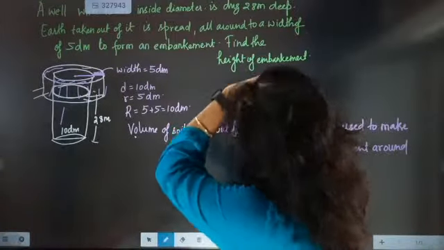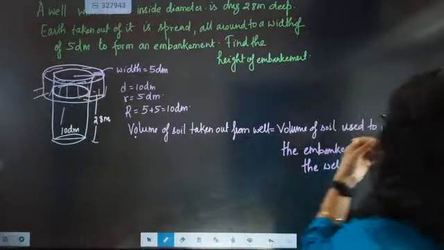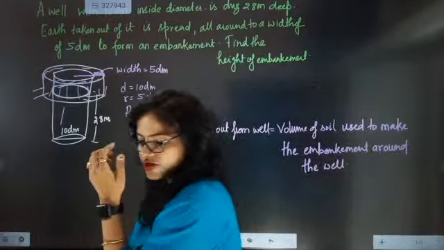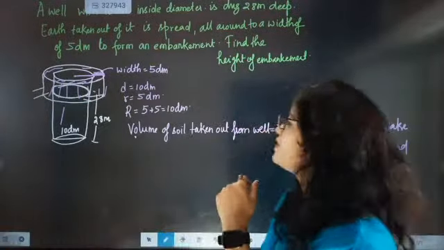Okay, volume of soil taken out from well will be equal to volume of soil used to make the embankment around the well. Fine.